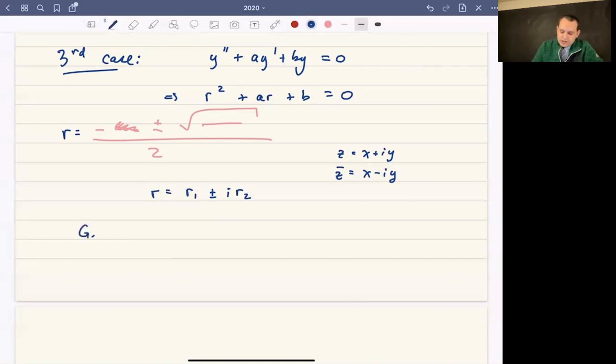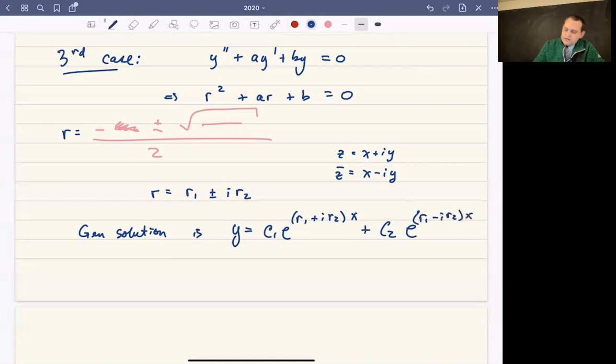It turns out that the general solution is going to be y equals c1 e to the, let's call it r1 plus I r2 x plus c2 e to the r1 minus I r2 x. Okay, so that's going to be what our solution is going to look like. And that's just really copying what happened before.